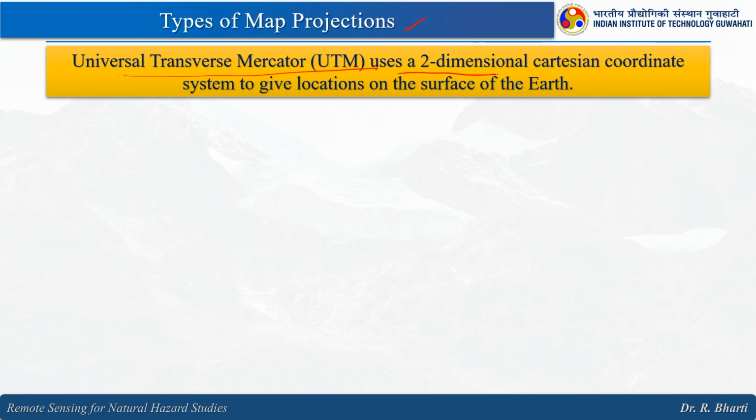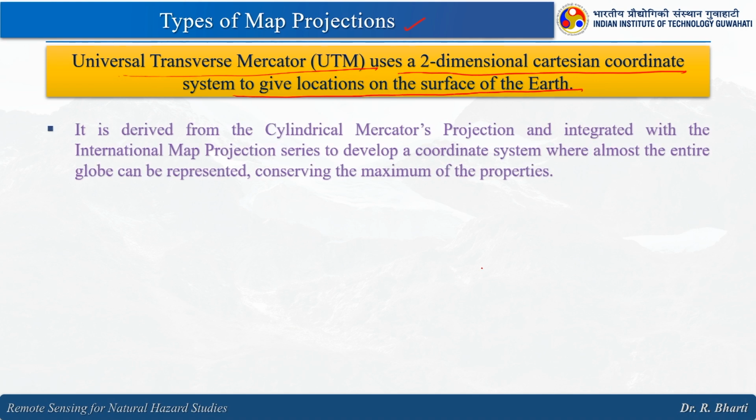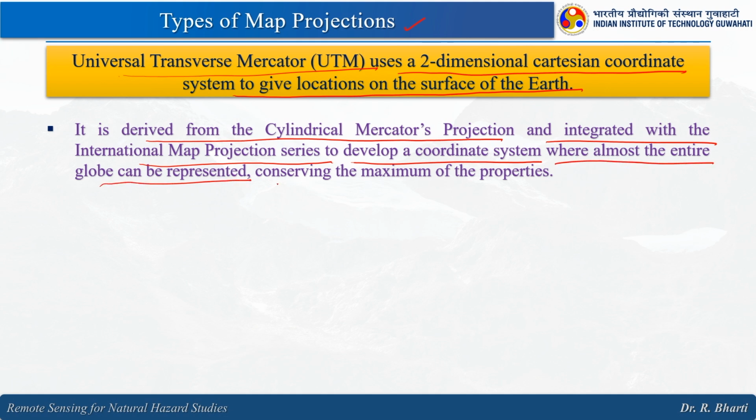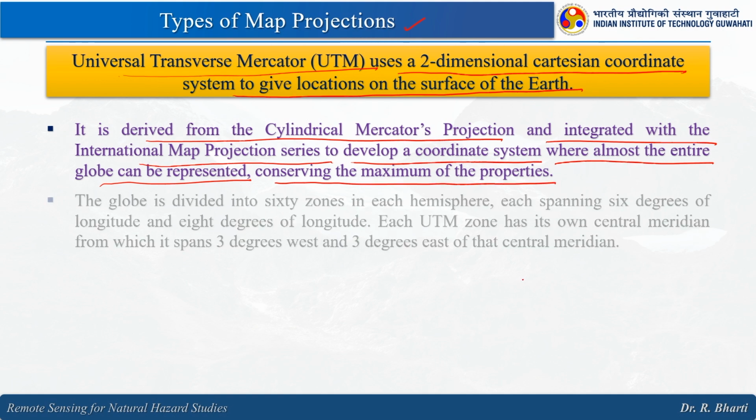It uses a two-dimensional Cartesian coordinate system to give location on the earth surface. It is derived from the cylindrical Mercator's projection and integrated with the international map projection series to develop a coordinate system where almost the entire globe can be represented, conserving the maximum of the properties.